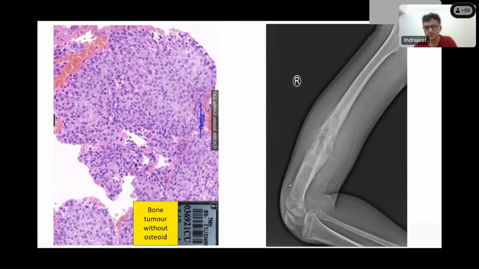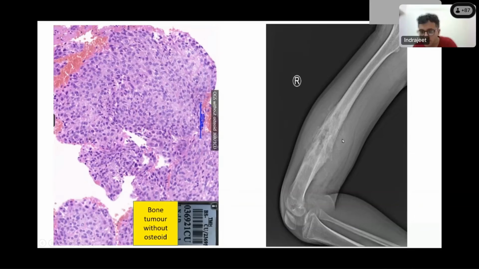Indrajit, would you try describing this? Where is this tumor located? Ma'am, it's located in the metaphysis. Sorry, ma'am, the diaphysis. Mainly in the diaphysis. I can see some periosteal reaction as well. Cortical erosion is also seen.